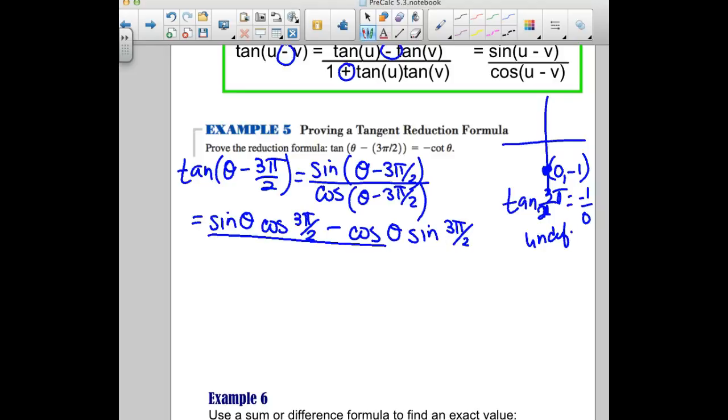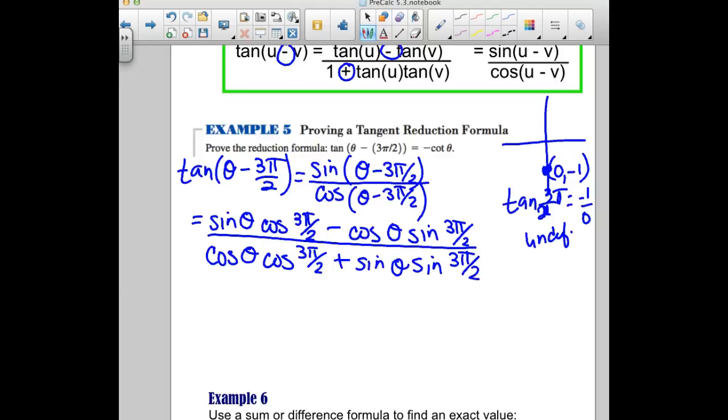Okay. On the bottom, we have cosine of theta minus 3 pi over 2. And cosine is cosine, cosine. So cosine of the first, cosine of the second. And for cosines, we have opposite signs, so we have a plus here. And then it's sine first and sine of second.